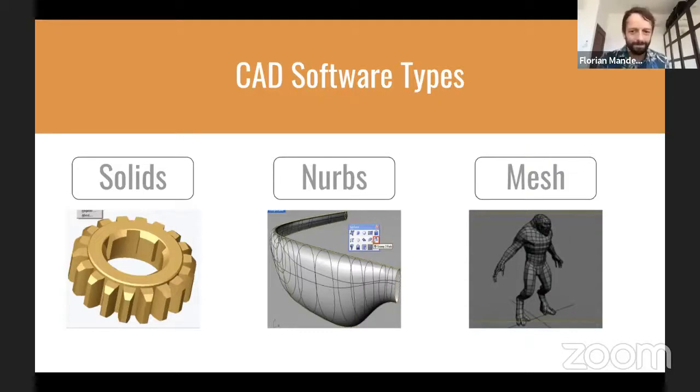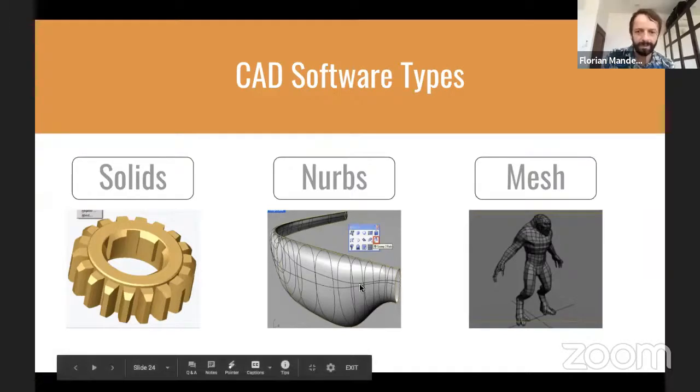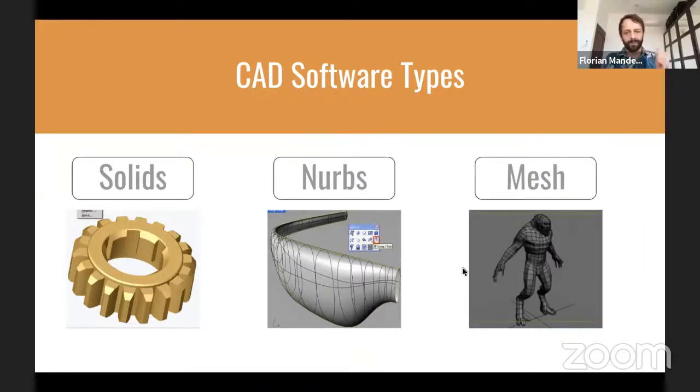I prefer to use NURBS software. NURBS is basically a surface definition. You create curves, you create a geometry, and then you develop it into a surface. That's how NURBS work.